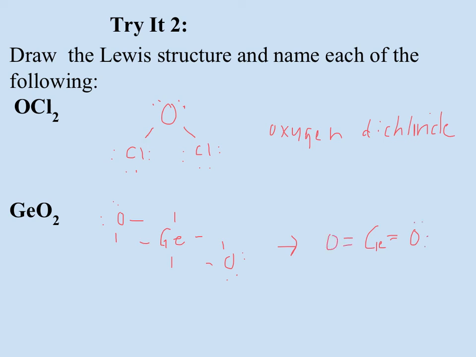That still leaves 2 lone pair on the oxygen, but the Ge has 4 shared pairs, or bonding pairs, so it's good. And this would become germanium dioxide. And hopefully you're getting an idea why we don't use mono in front of the first name, because so many things would be mono.